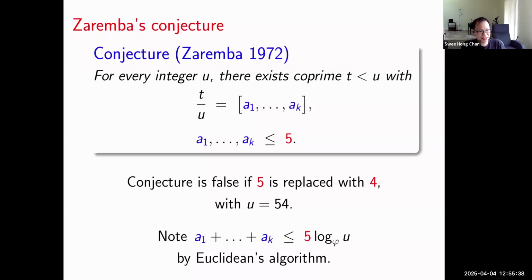In fact, Zaremba actually made many conjectures. One of them is a bit weaker, which is that for u large enough, you can find a t such that either this is 2, for a large enough integer u.